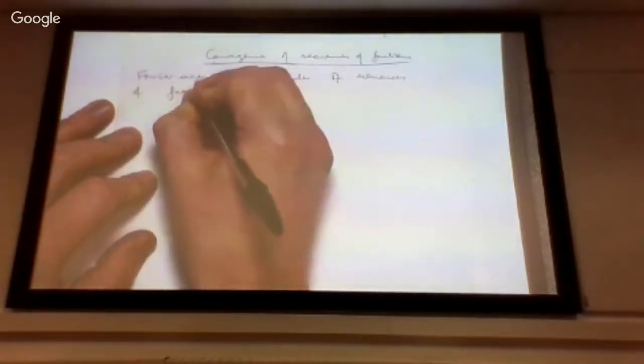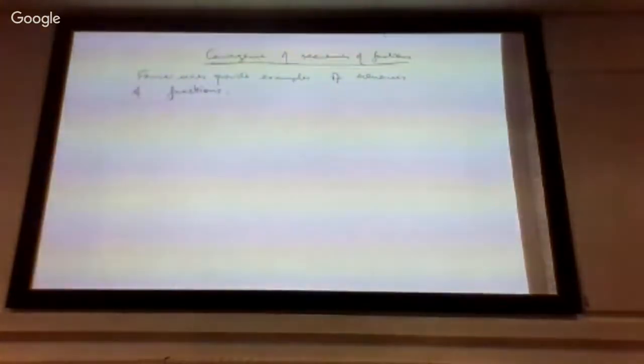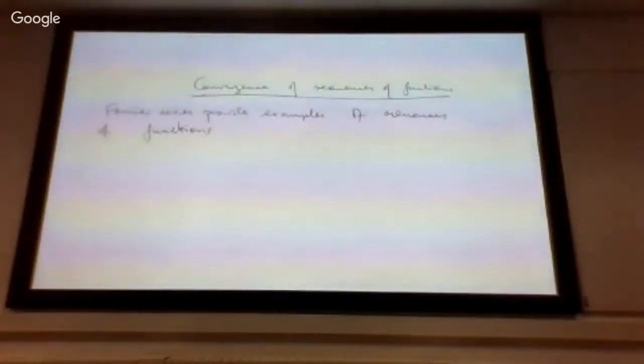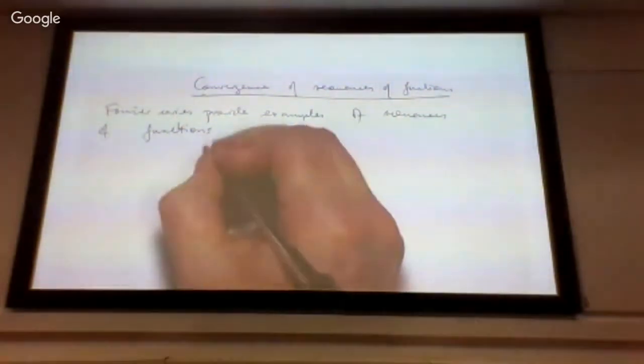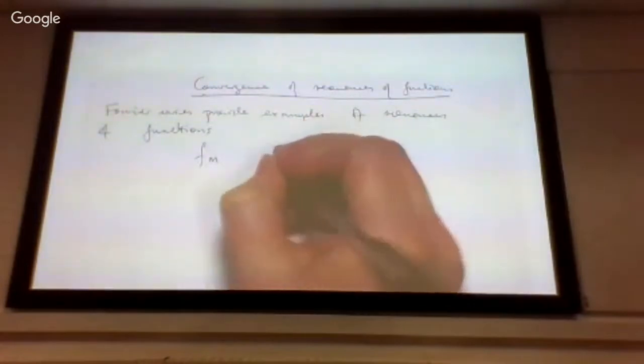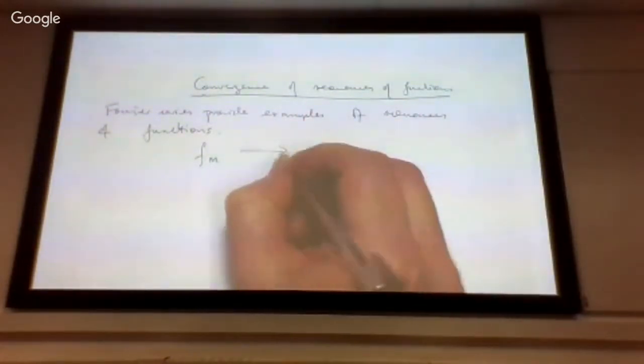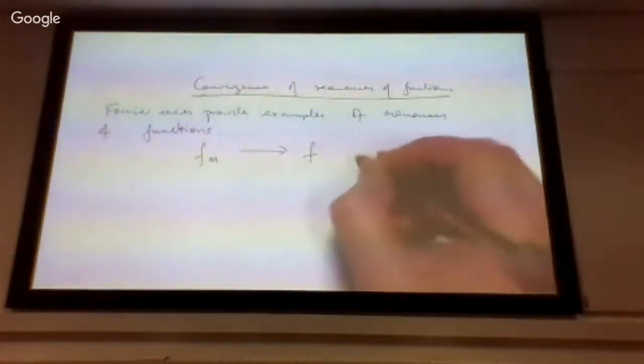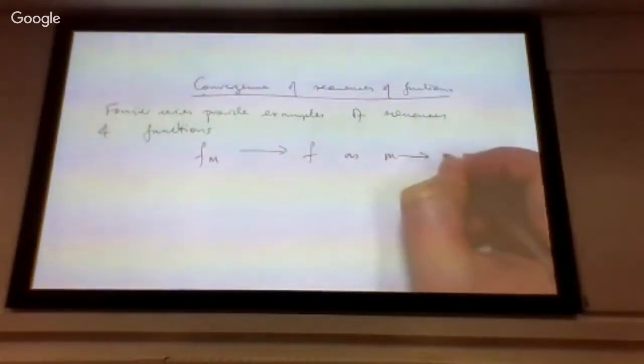Now you're well used to thinking about sequences of numbers. It's what we started off doing in maths fundamentals, having fun with sequences of numbers all those years ago, 1 year ago. But you can have sequences of functions. So a sequence of functions would be a sequence fm that converges to a limit function f as m tends to infinity.